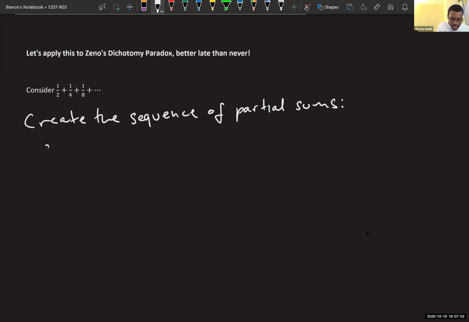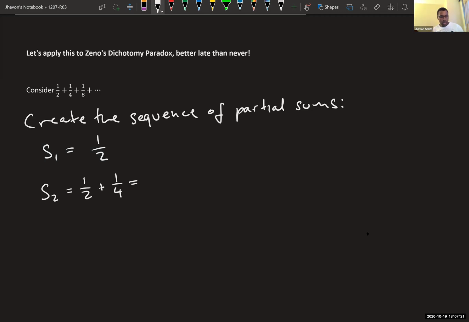Okay, so what is S1? S1 is just the sum of the first term, so that's a half. So far, so good. All right, what is S2? Well, S2 is just the sum of the first two terms. So that's going to be a half plus a quarter.